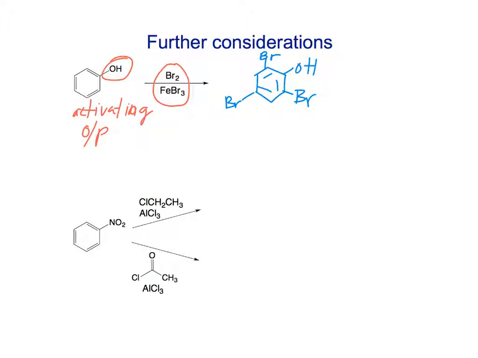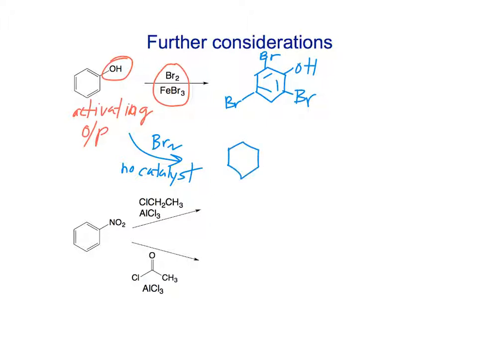And so with a strong activating group like an OH, we can actually get away with having no catalyst if we want to put on a single bromine.